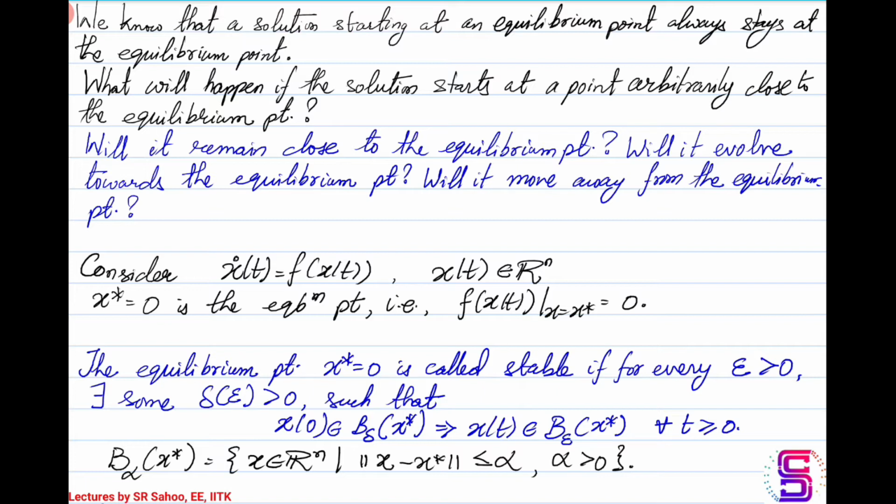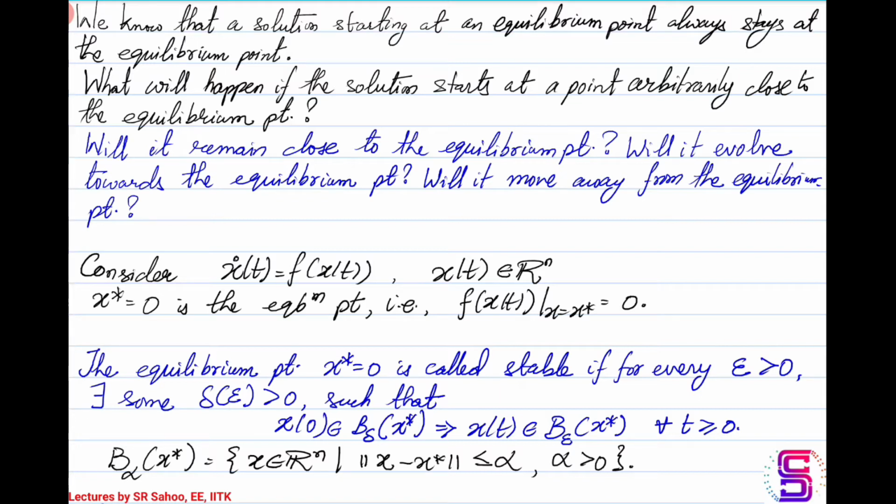Okay, but the question is, if you do not start exactly at the equilibrium point, but at a point which is arbitrarily close to the equilibrium point under consideration, then what happens? How would the system evolve? Will the system's trajectory, or basically the solution x, remain close to the equilibrium point?